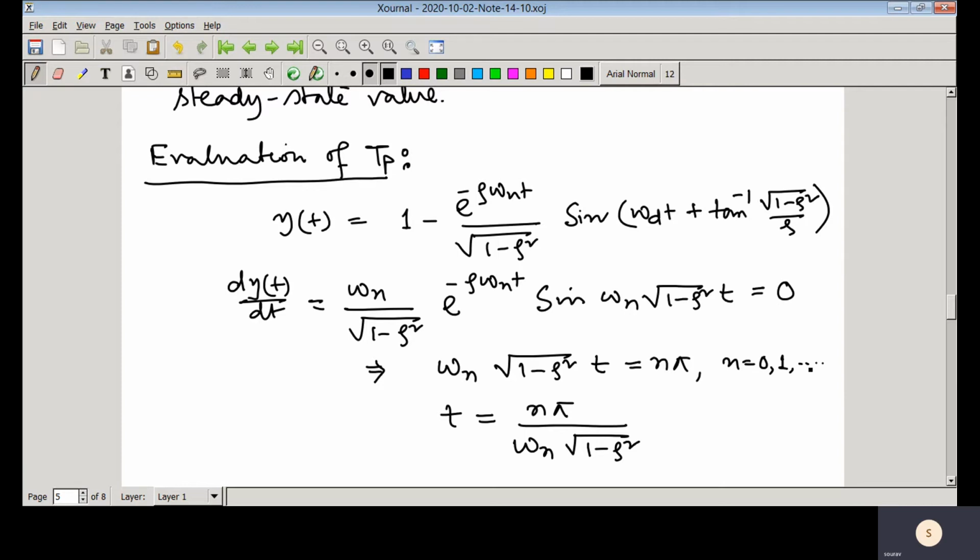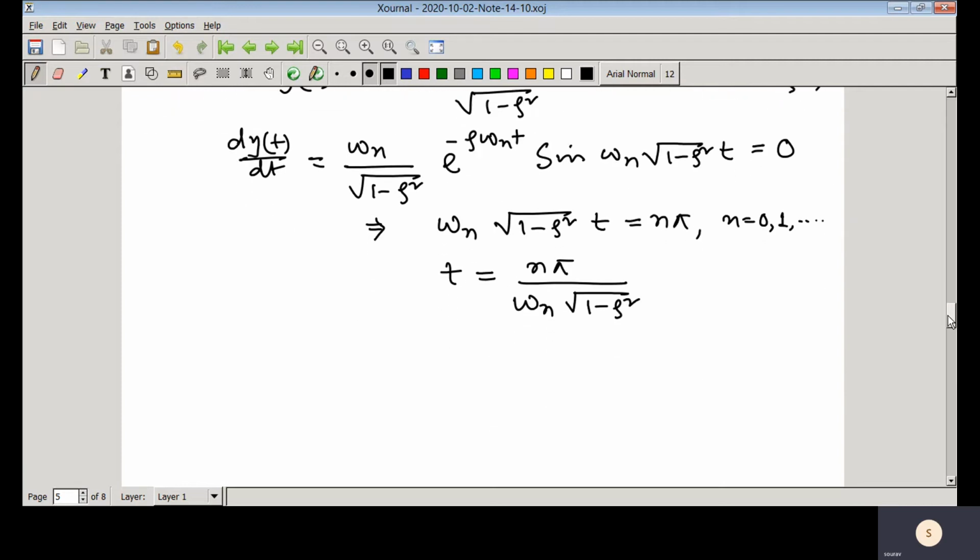And one interesting thing you can see here: when n equals 0, then t equals 0. That means at t equal to 0, the slope is 0. And this is very interesting.